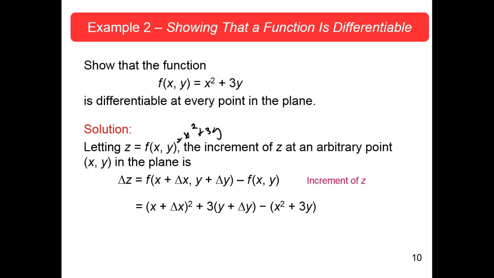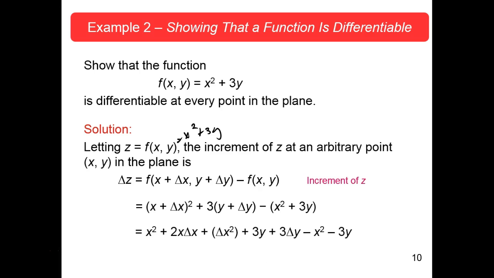Well, your f function tells you to take whatever's in parentheses for x and square it, so that's x plus delta x squared, plus 3 times whatever's in the parentheses for y, which is y plus delta y, minus the f of x y, which is x squared plus 3y. Okay?